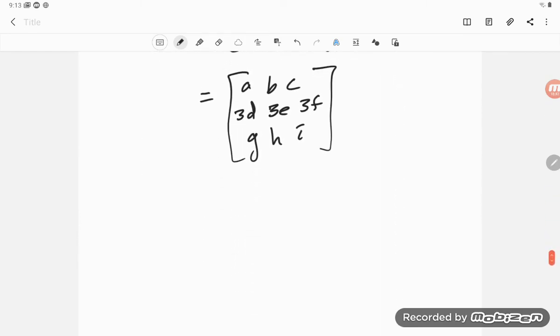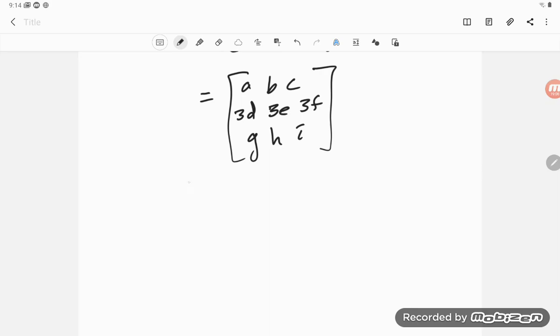Okay, and then finally, suppose I would like to take, how about negative 2 times row 3 added to row 2.